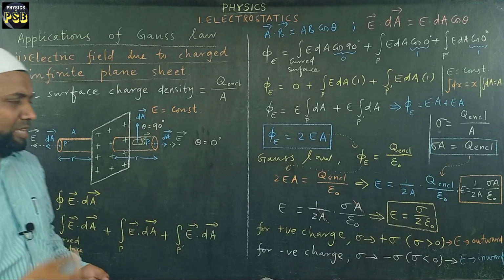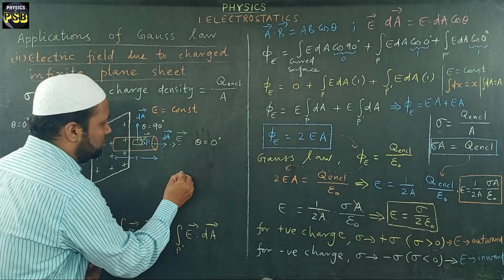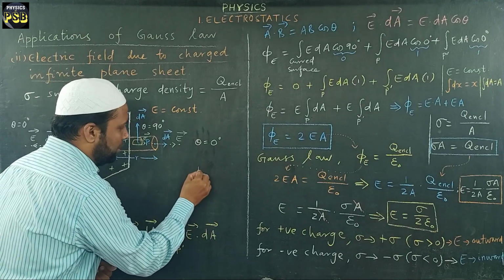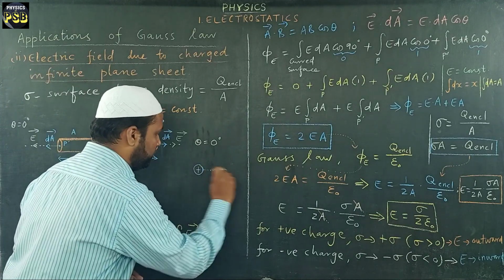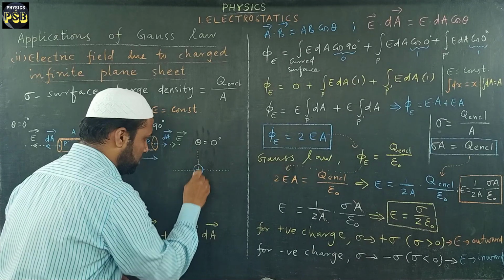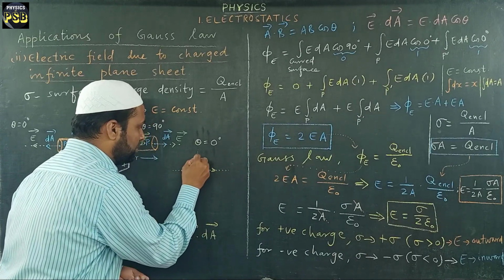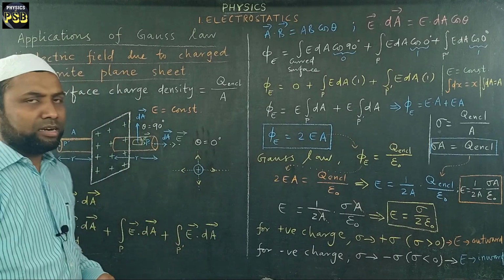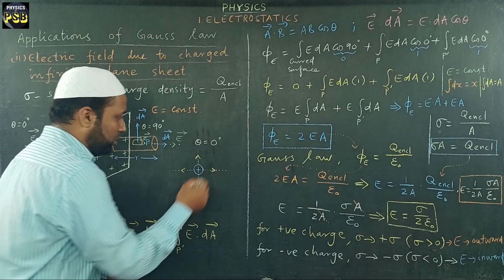Now this is known to us already. Now we have learned about it. Suppose we have a positive charge. Because of a positive charge, the electric field lines are projecting outwards. This arrow mark represents the direction of electric field.